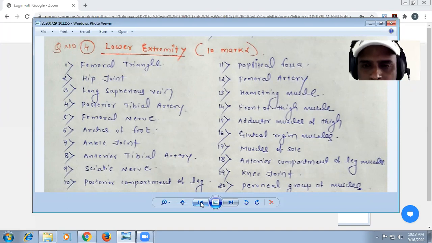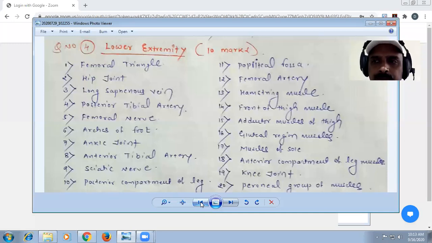So 100 you will get, and it is a very easy technique to pass, studying only upper limb, lower limb, 3 joints and a few organs. No thorax, no CNS, no histology. Without studying these, keeping them as the exception, you can pass. So passing anatomy is very easy.